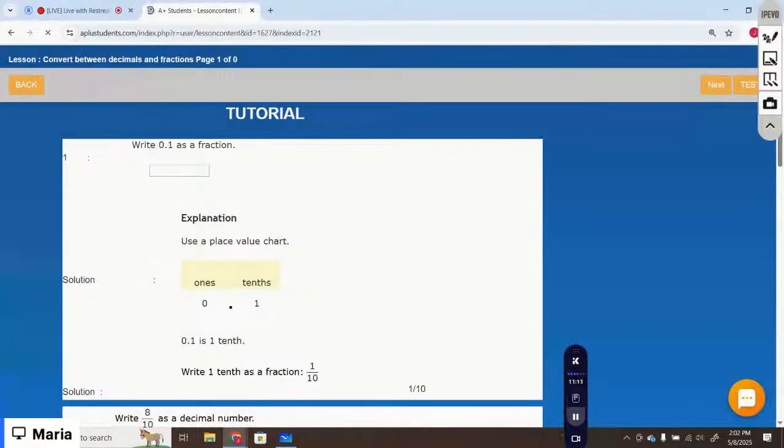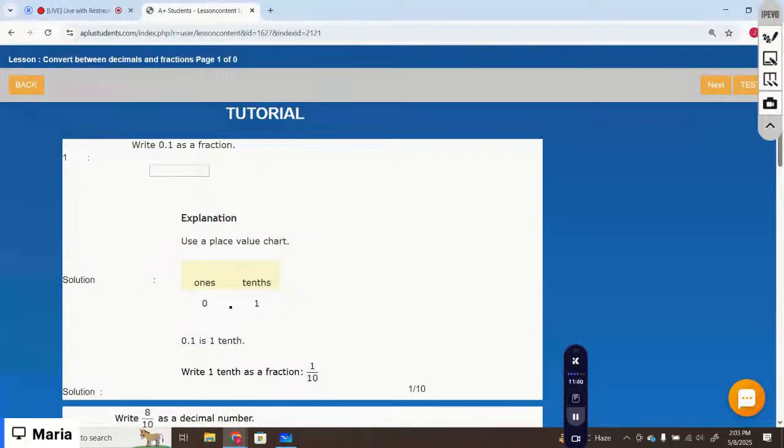Write 0.1 as a fraction. So we can use the place value chart. If you write 0.1 in the place value chart, 0 is at the ones position, and 1 is at the tenths position, that is the fraction. 0.1 is 1/10, right?